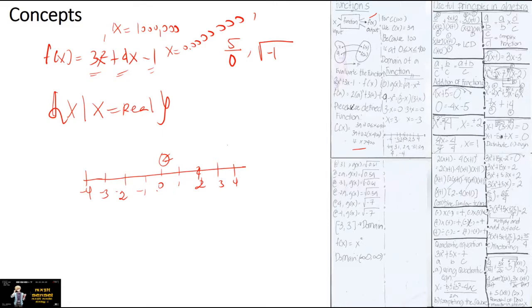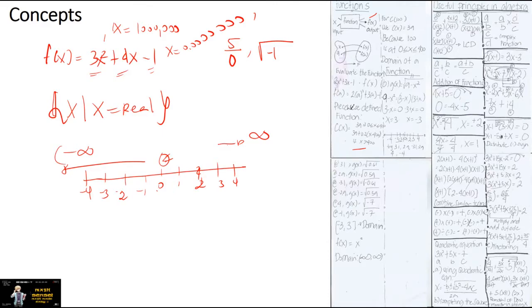Across dyan, negative infinity yan, diba? Hindi na natin alam kung ano yung nasa dulo ng negative numbers. Dito naman across is positive infinity, kung ano man yan, 1 million, 1 billion, 1 trillion. Never mind na. Pag sinabi mong x, all numbers that are real can be substituted in this one.